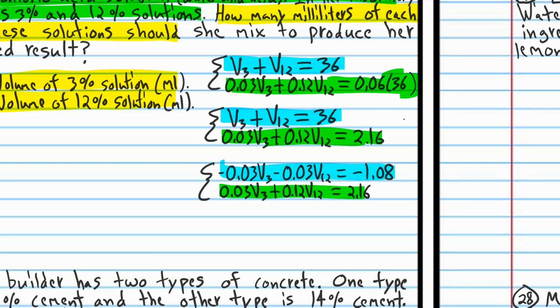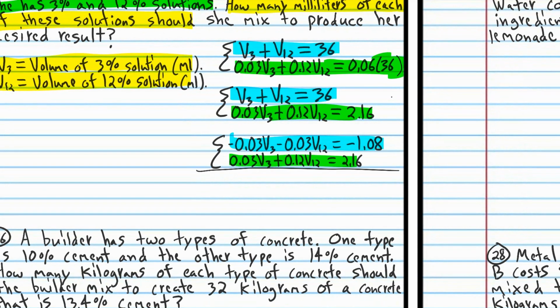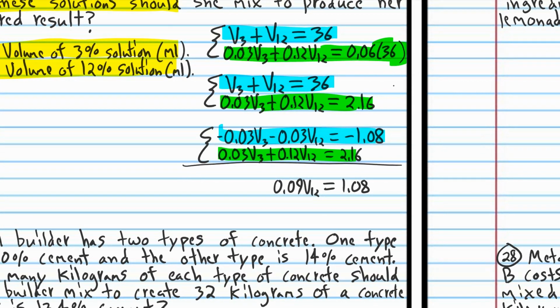All right, so now we're ready to eliminate. And here we've got negative 1.08 and 0.09 V12. V3's cancel out. And 1.08 divided by 0.09 is 12. So we're going to have 12 milliliters of the 12% solution.